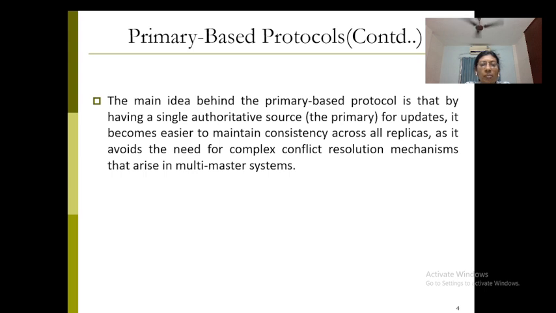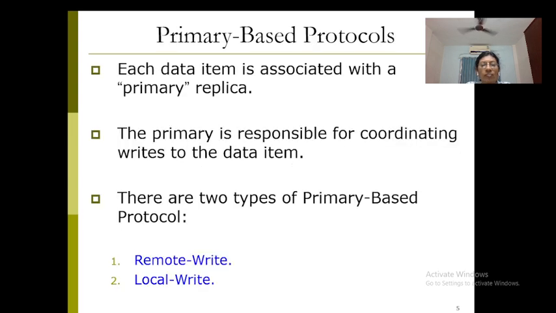The main idea behind the primary based protocol is that by having a single authoritative source for updates, it becomes easier to maintain consistency across all replicas, as it avoids the need for complex conflict resolution mechanisms that arise in multi-master systems.